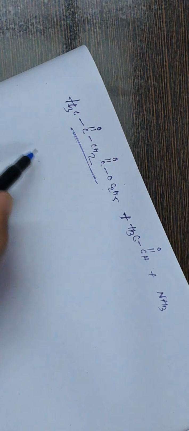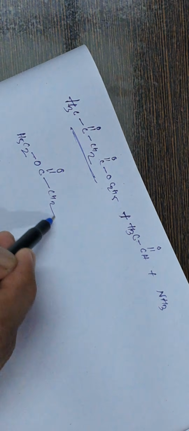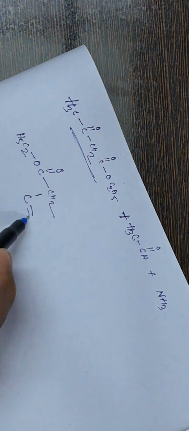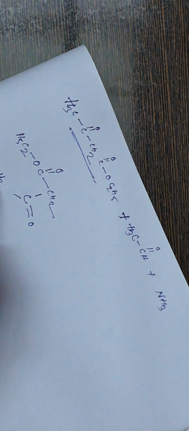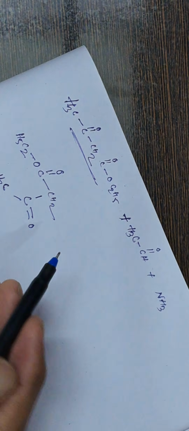If I orient this one in this way, H5C2O, C double bond O, followed by CH2 here, then a C double bond O here and CH3 over here, right? What can be done here is this keto group tries to change its form from keto to enol.